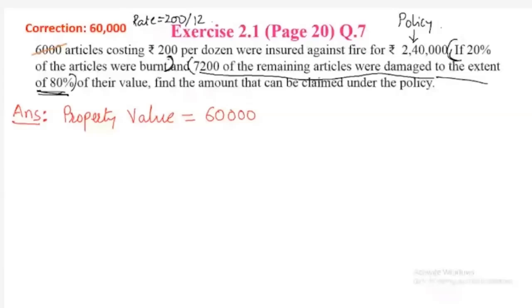So into rate. 60,000 into rate. What is rate? 60,000 into 200 upon 12. So that is equal to 12 ones are 12, 12 fives are 60, 5,000 into 200, 5 twos are 10.